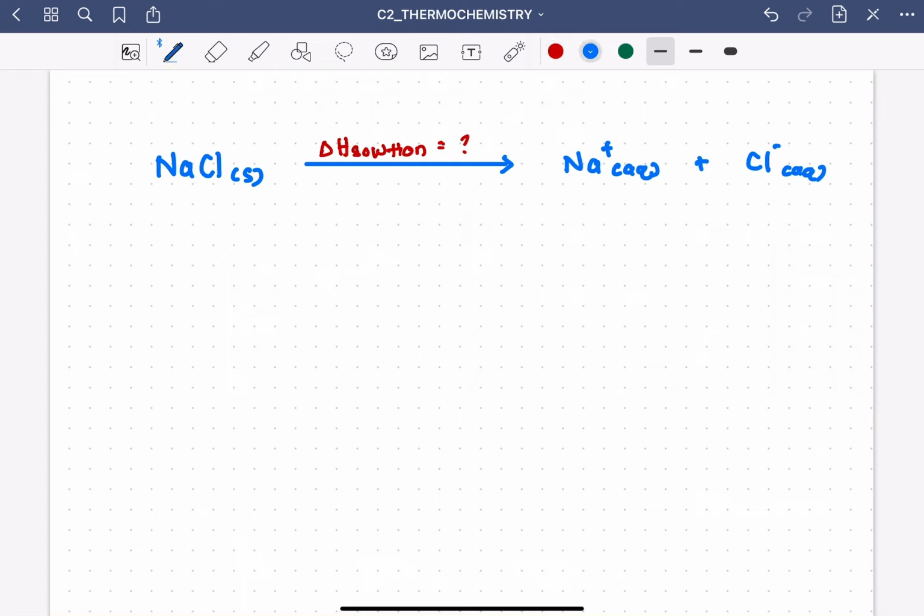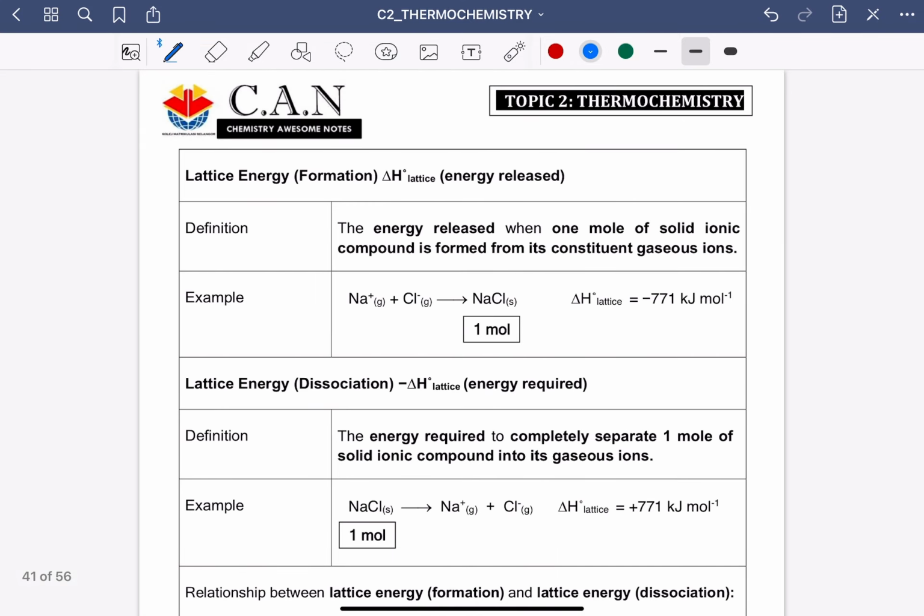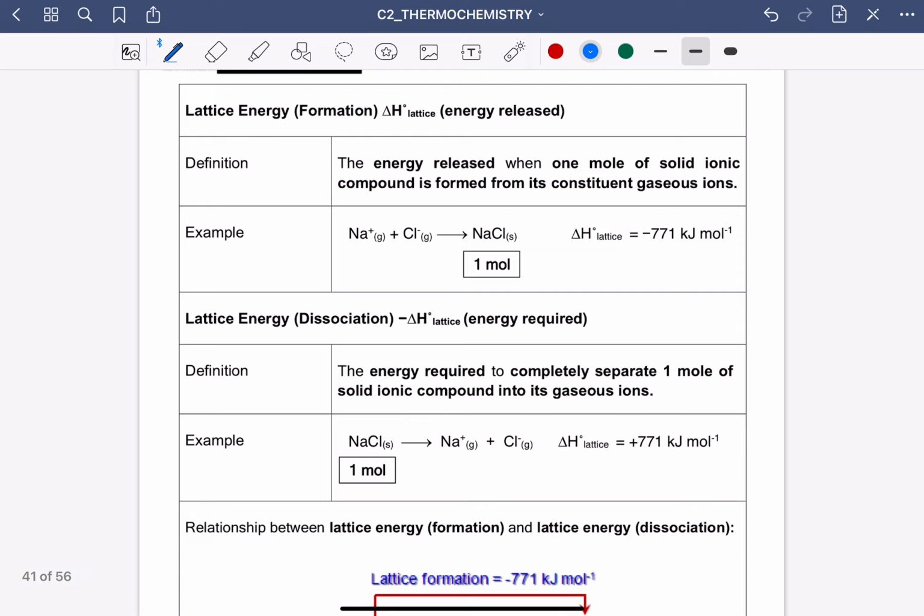Now, we can also relate this with another enthalpy that we call lattice energy. We have the definition at page 37.